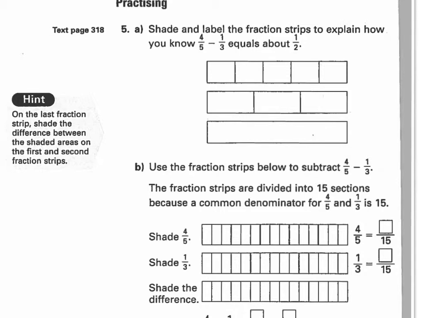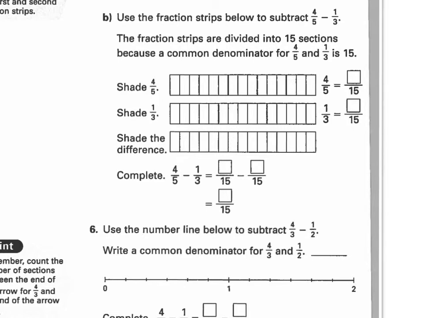Let's do 2 more practice questions, and then you can do some work. We are going to subtract 4/5 and 1/3 and show this on fraction strips. Since the common denominator for 5 and 3 is 15, our fraction strips are divided into 15 sections.